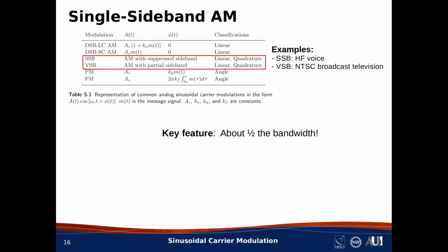VSB is probably best known as the modulation scheme for analog broadcast television in North America, which goes by the acronym NTSC. Since the transition to digital broadcast television in 2009, that new system known as ATSC, NTSC is less common, but there's still quite a bit of it out there in the VHF and UHF bands.